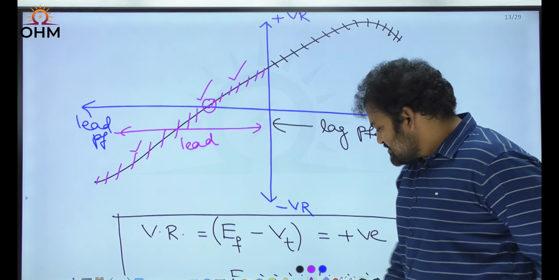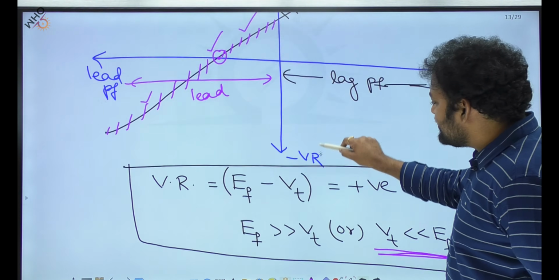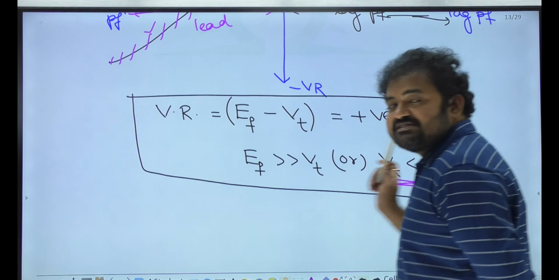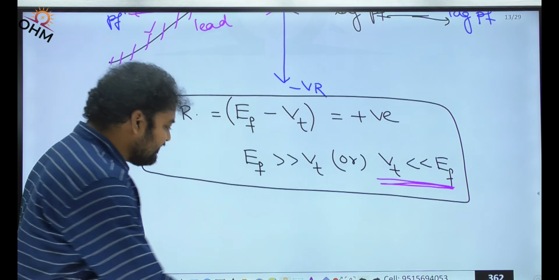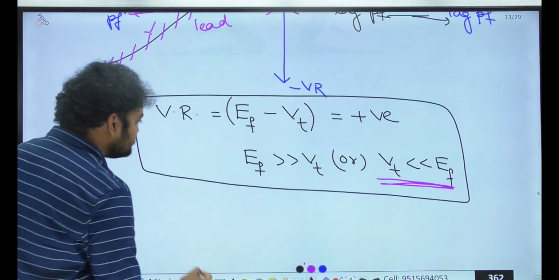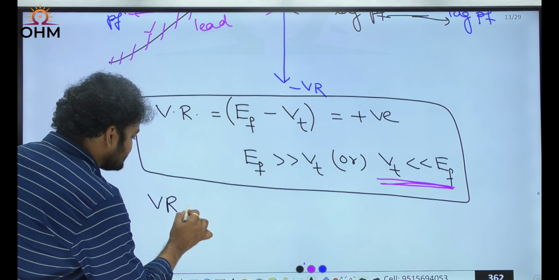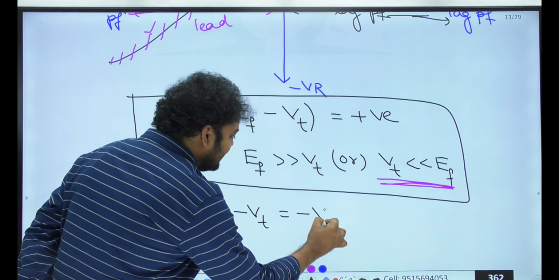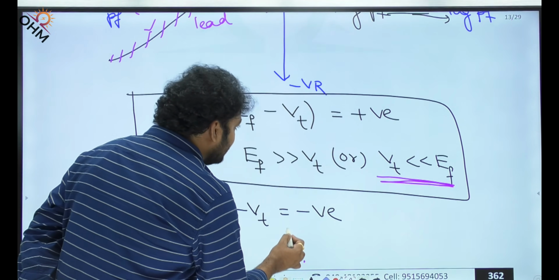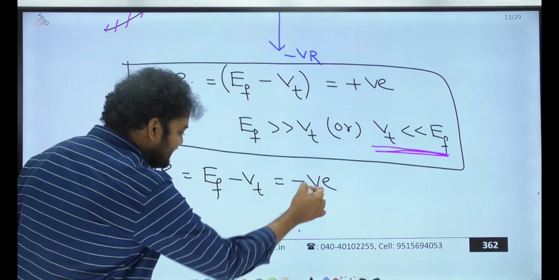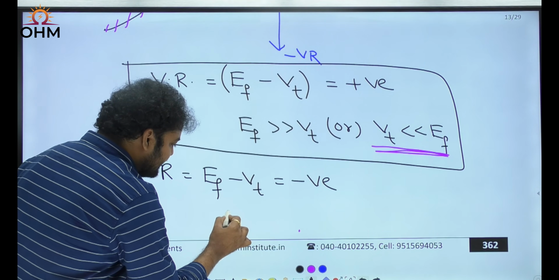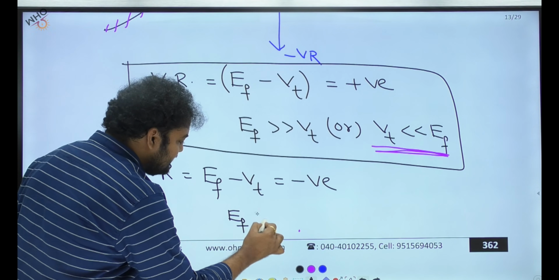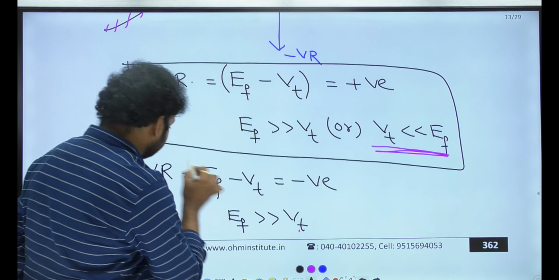So when power factor is a leading type, positive regulation is possible, 0 regulation is possible, and negative regulation is also possible. If regulation is positive, VT less than EF is true. Voltage regulation is EF minus VT. If this is a negative regulation, what is the meaning of it? Negative regulation means this difference is negative, which indicates VT is greater than EF.